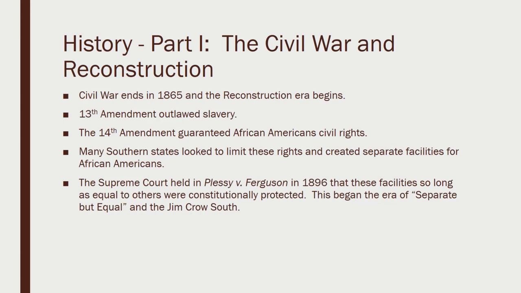And so this court ruling began the era of separate but equal, and we all know that wasn't really the case, as the Jim Crow South segregated Black and white Americans more than they'd ever been segregated before.